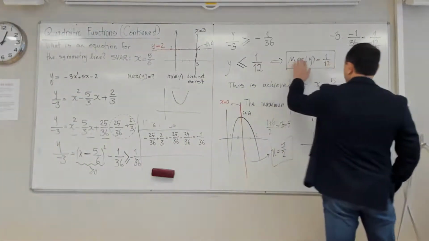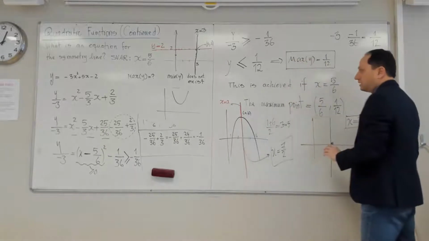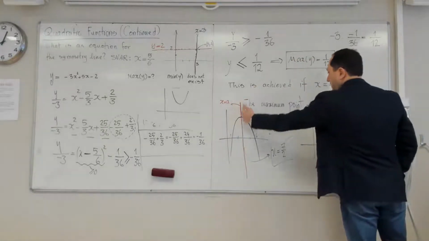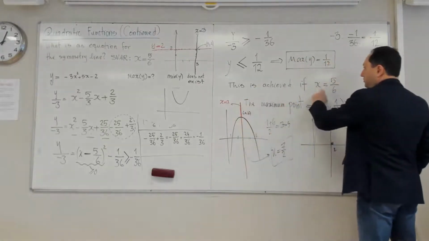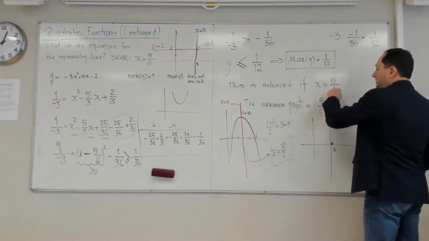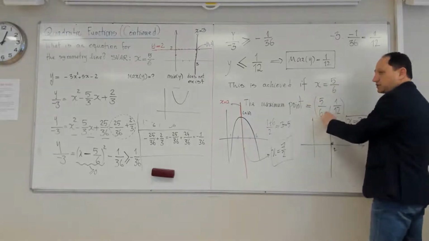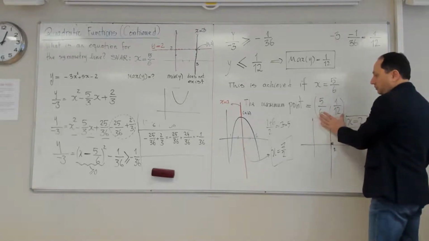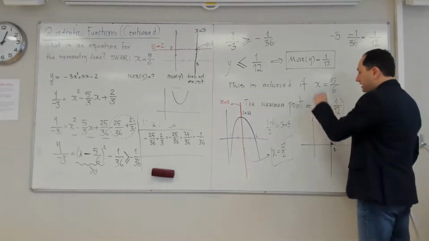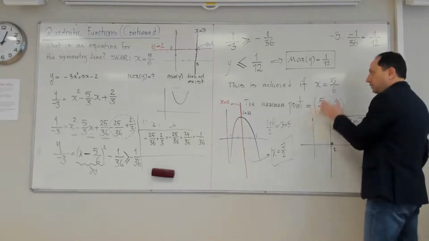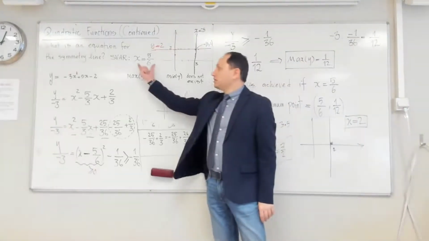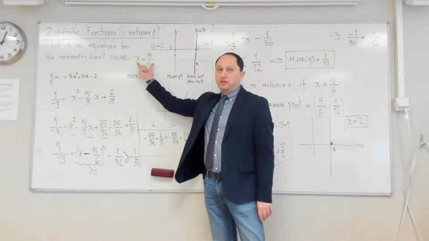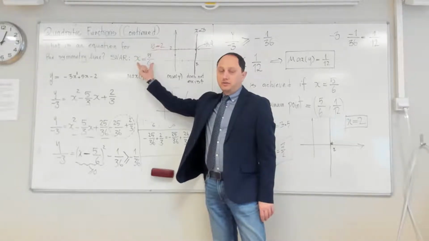Usually you might be interested in max and min values, but for a symmetry line, you are interested in where it is achieved. I am interested in the x-coordinate of the turning point. And when I have it, you write x equal to that number. This whole package is an equation for the symmetry line.